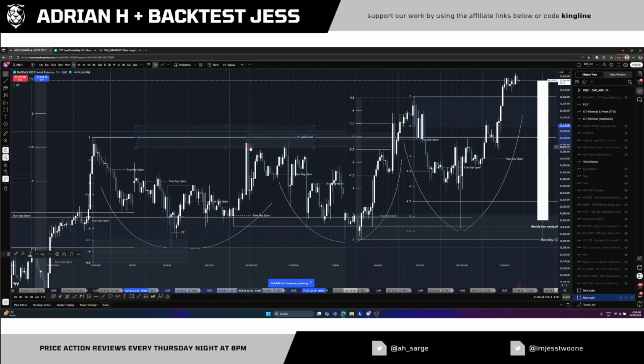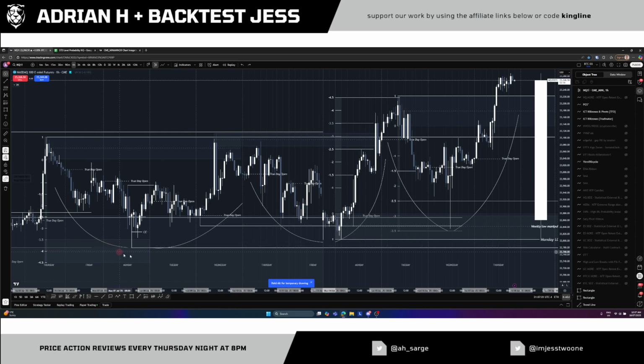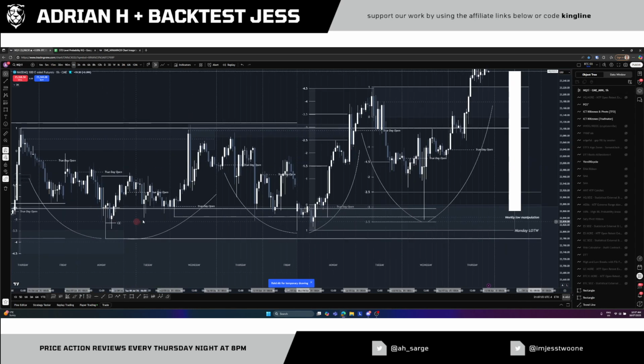So on this first one, while we're on the sell side, we manipulate above TDO, come down, manipulate above true day open, continue down, get our reversal here. And then we're looking for the manipulations below true day open.